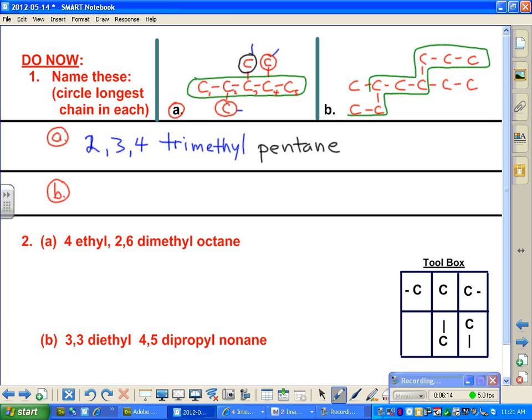And down and over and around. And there we go. We circled the longest chain, and we have 8. So that's 1, 2, 3, 4, 5. Oh, I missed one. 5, 6, 7, and 8.